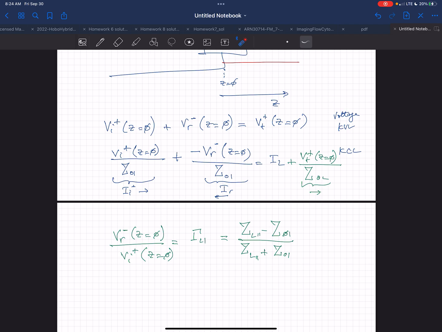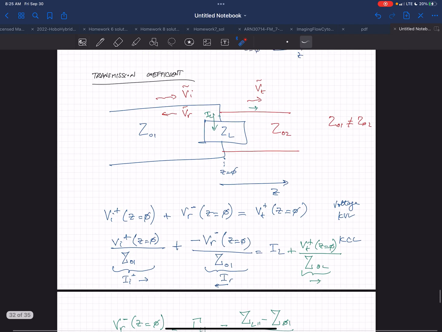I was just curious about the KVL that we did. I'm supposed to have the incident minus VR, but if it's not in the same phase, adding will still give us the difference. Yeah, we're looking just at this point, z equal to 0.